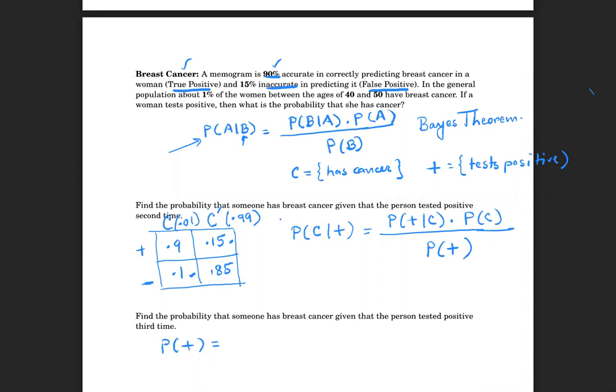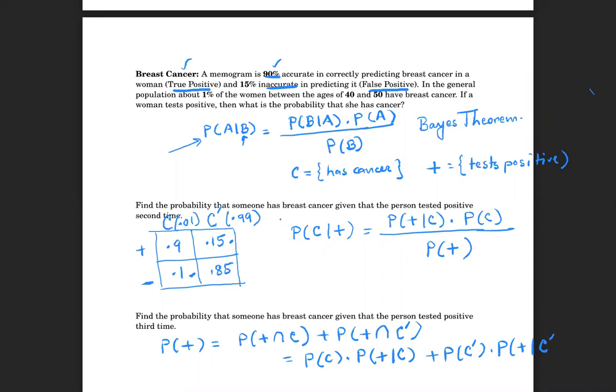So we write probability of testing positive and having cancer, plus probability of testing positive and not having cancer, which is going to be probability of cancer times probability of testing positive given cancer, plus probability of not having cancer times probability of testing positive given that the person does not have cancer.